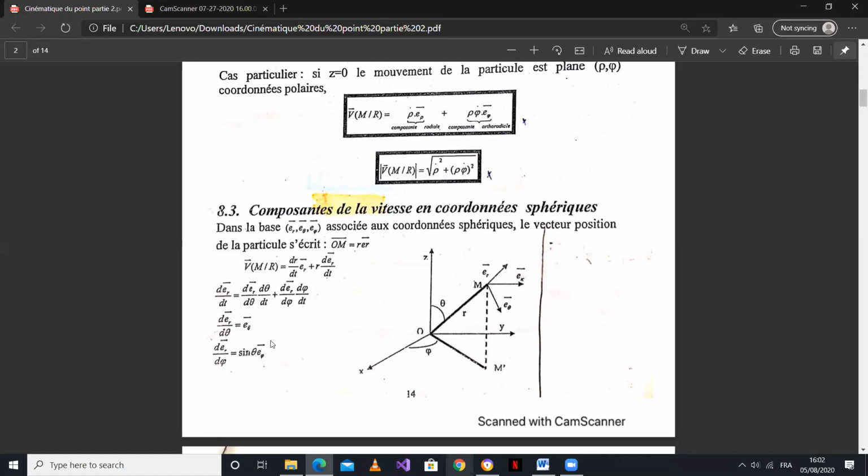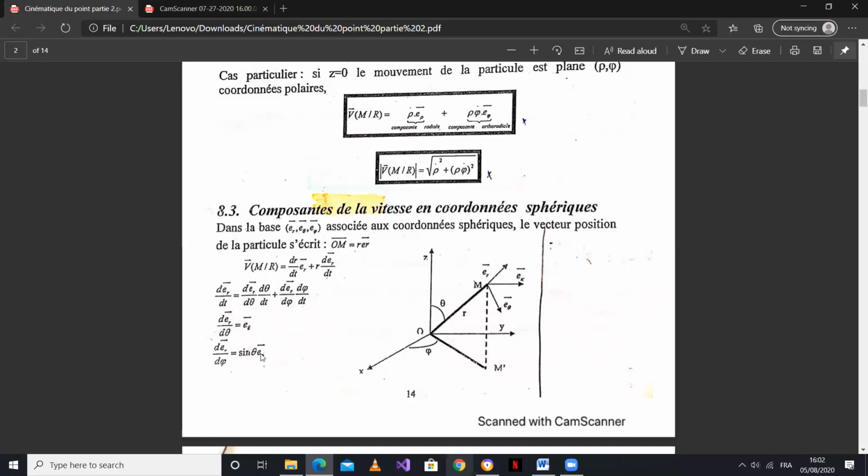So we have our expression for the derivative of r with respect to phi as sine theta e phi. So now we have broken all this down. We have found the expressions. So the derivative of e r with respect to t is going to be equal to the derivative with respect to theta, which we found is e theta, so theta point times e theta, plus the derivative of r with respect to phi, which we found as sine theta e phi.